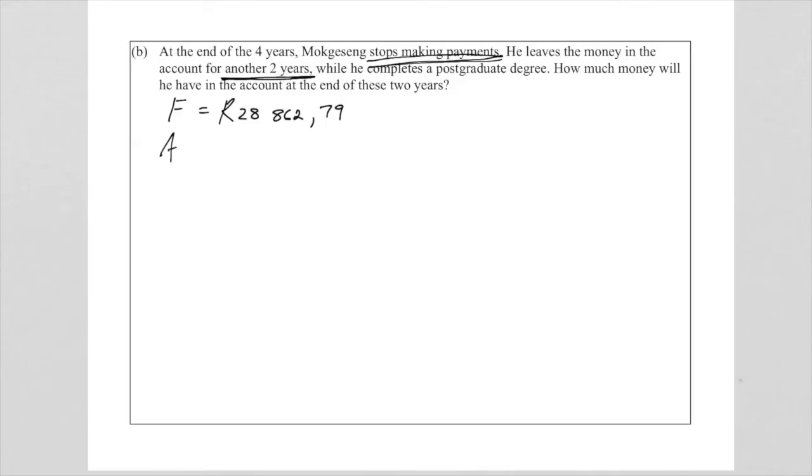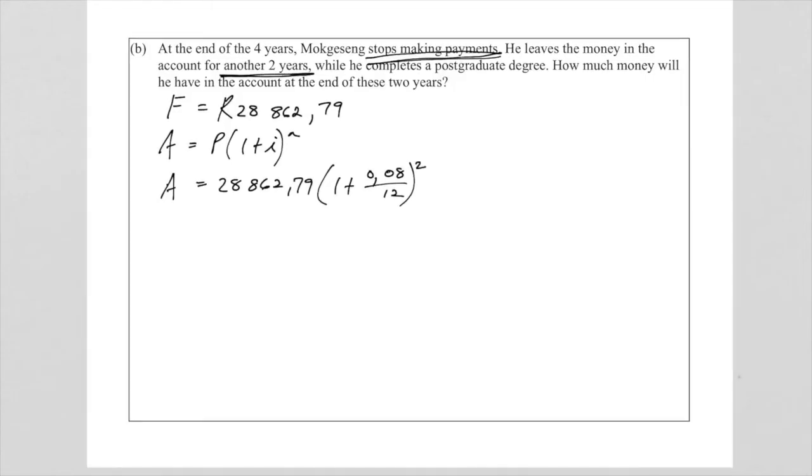So we're going to use A equals P times (1 plus i) to the n. A is what we want to calculate. P is the amount that he now saved over the 4 years, and it's 1 plus 0.08 over 12. Remember, the interest is calculated monthly. So we want to know the 2 years, you will hopefully agree with me, is 24 months.